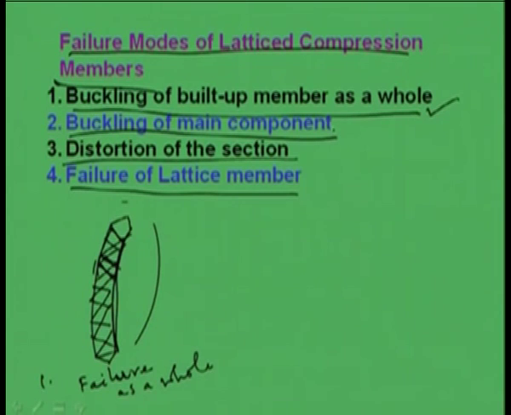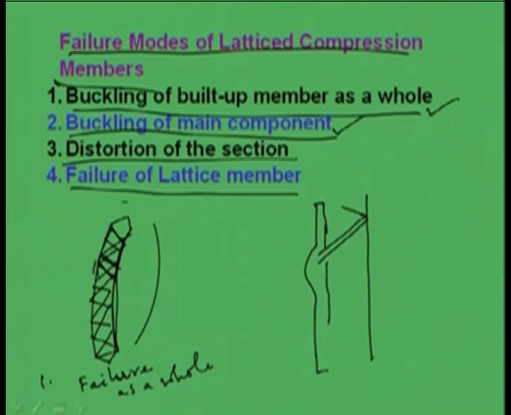Another is the buckling of main component. Buckling of main component means, say, suppose one member looks like this, and say this is a lacing system, like this, right.